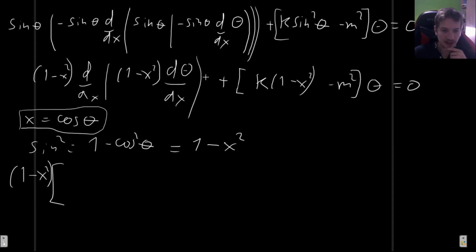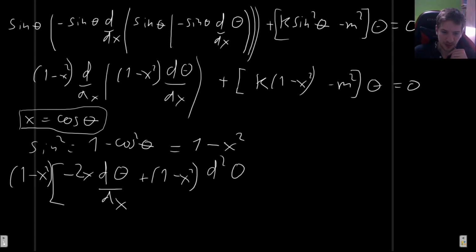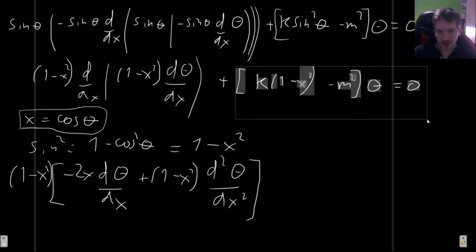Let us go ahead and take this derivative. So what do we get? The derivative of this is just going to be minus 2x, and because it's product rule, we just keep the big theta dx, and now plus 1 minus x squared times the derivative of this. So we're just applying the product rule here, d squared theta dx squared. And everything here is going to be the same.